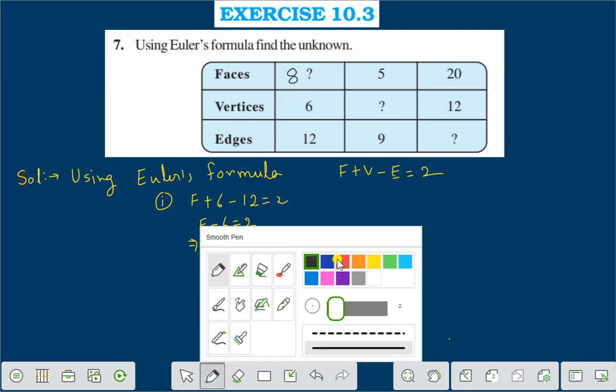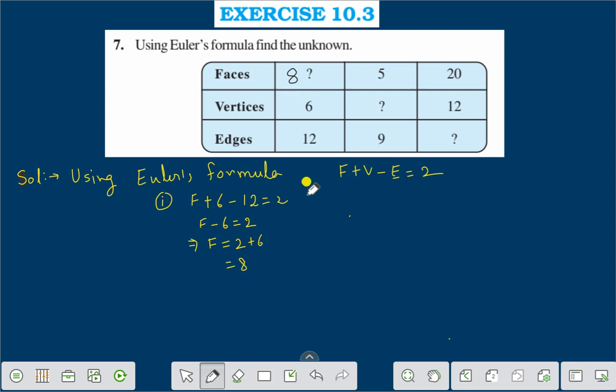Again, question number 2. What is given? It is given that faces and edges are given. Let us again apply this formula, that is f plus v minus e is equal to 2. For the second question, faces is given as 5, plus vertex, we have to find vertex, minus edge is 9, and that is equal to 2.